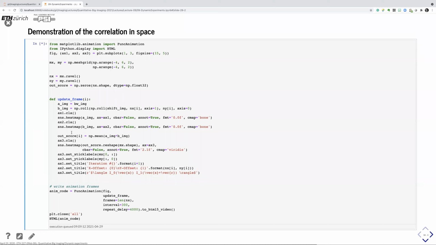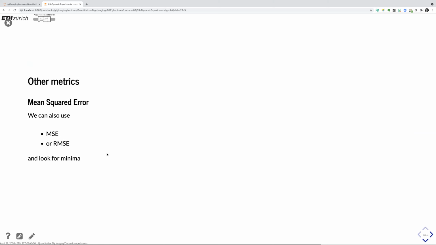But anyway, this shows in principle how you do the summing, where you have the 5, the fixed image, and then you move and compute the sum across the whole image. That gives you a peak where it's a good fit. You can also look at different metrics, like the mean squared error or the root mean square error, looking for the minima.